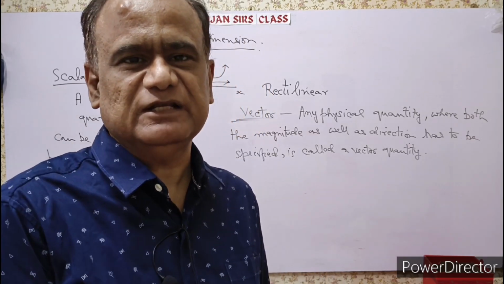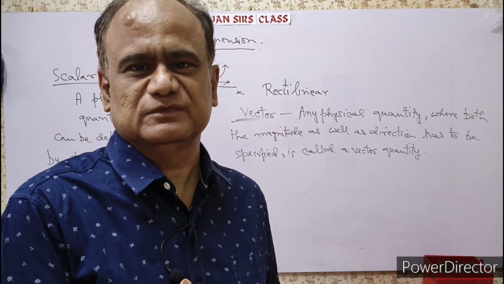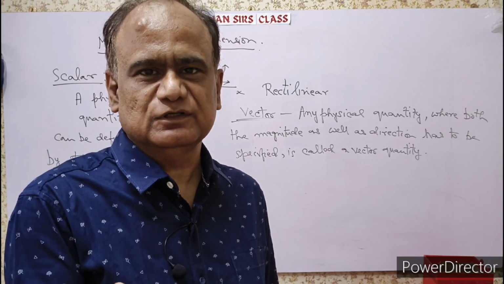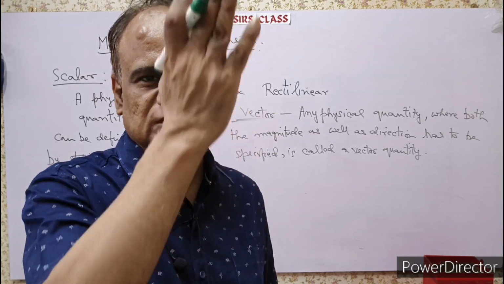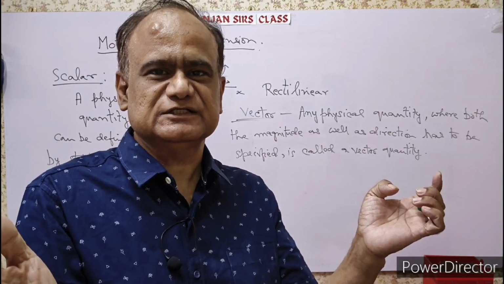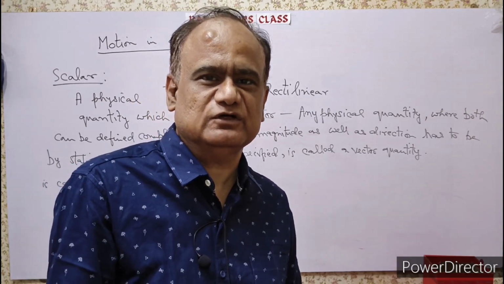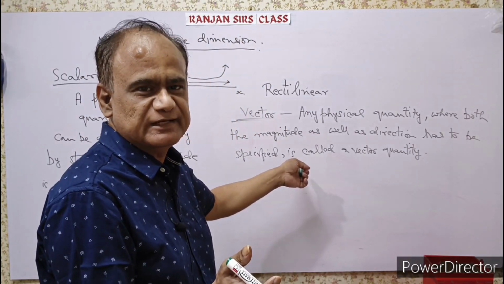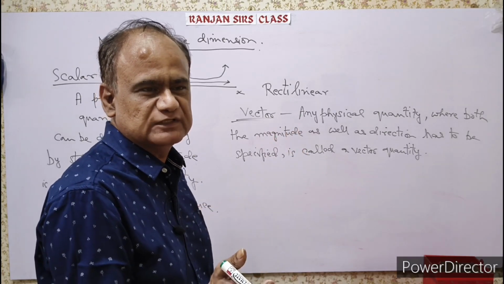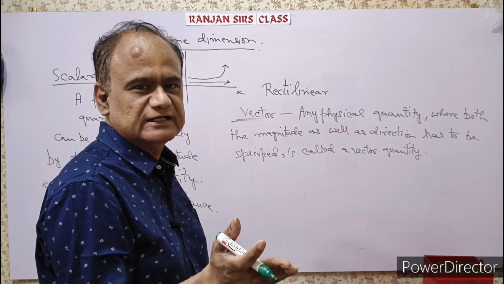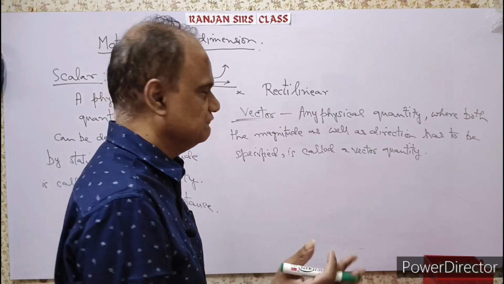You have just told them I'm leaving home and I'm traveling 5 kilometers, but it can be 5 kilometers in the eastern direction and it can be 5 kilometers in the northern direction. So the directions will be completely different from each other and they will have no idea where you have gone. So in such a quantity, you have to explain both. Suppose you have told them I am going 5 kilometers north today.